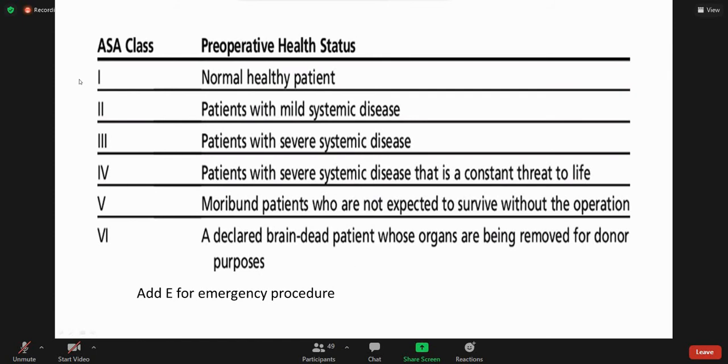And if any patient comes with an emergency procedure, we'll use the prefix E for that, and we'll say the patient is ASA1E, ASA2E, 3E, 4E, 5E, 6E. We'll use the letter E.